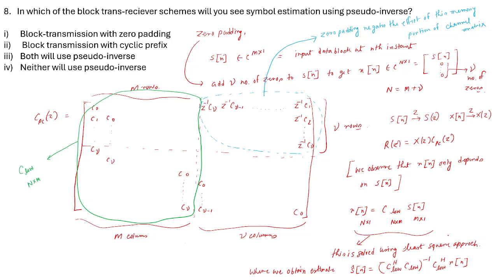So you can see the symbol estimation is performed using the pseudo inverse in block transmission with zero padding.